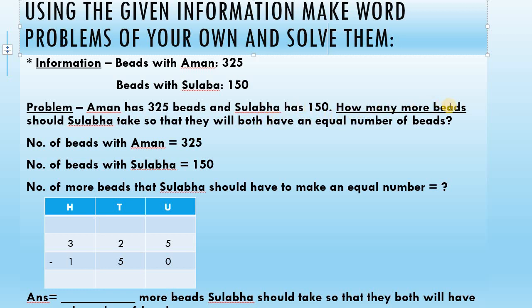How many more beads should Sulabha take so that they will both have an equal number of beads? Now, how many more? So, this is a subtraction problem. Number of beads with Aman 325, number of beads with Sulabha 150. Number of more beads that Sulabha should have to make an equal number is equal to how much?